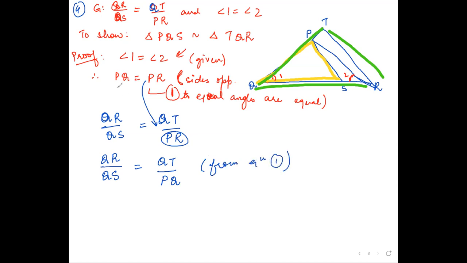I have just used this result here. Clear? Now just see, QR and QS are part of which triangle? QR and QS, and I have QT upon PQ.